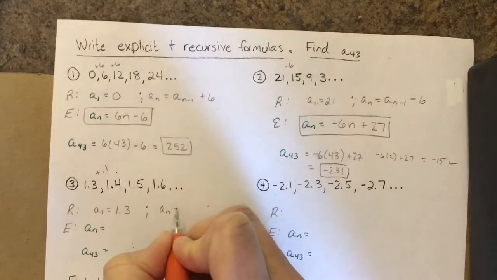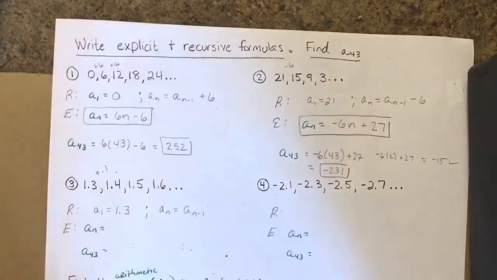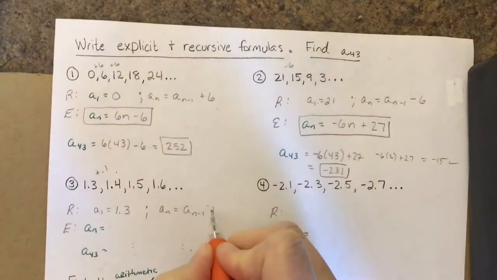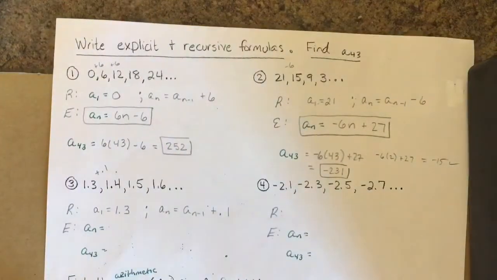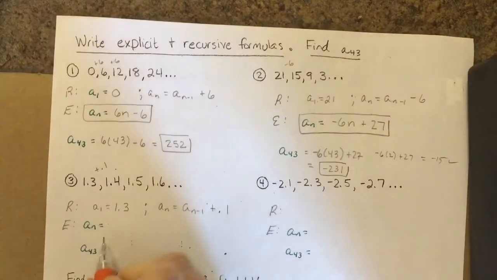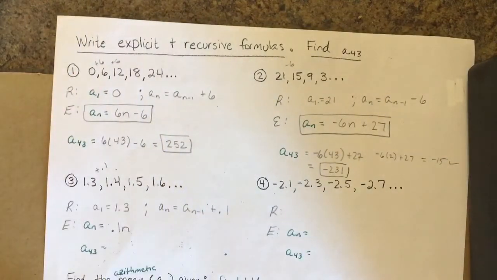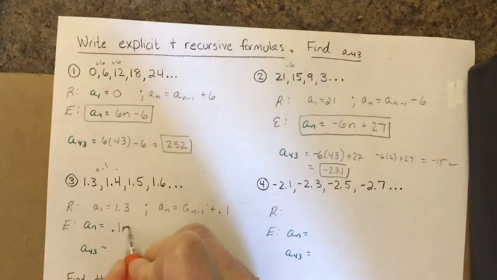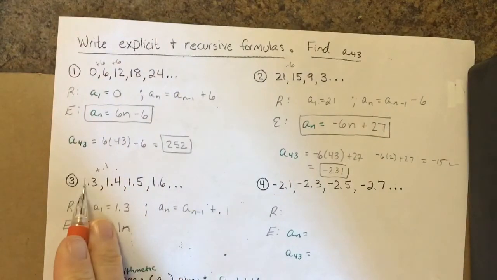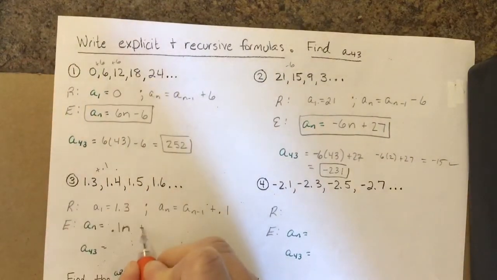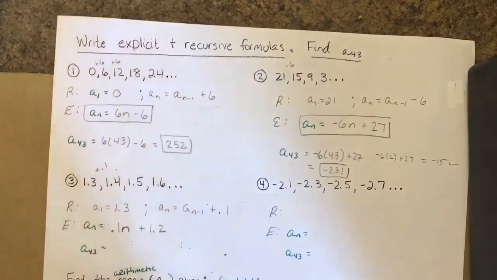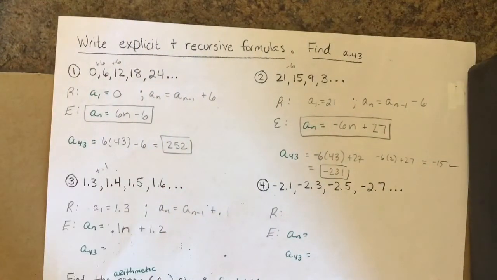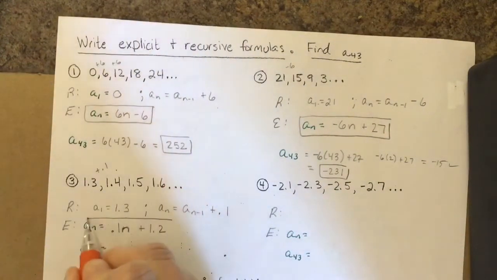Then a sub n equals a sub n minus 1, the previous term, plus the common difference, 0.1. Now the explicit formula, you take 0.1, multiply it by n, and then to get up to 1.3, you need to add 1.2. There we go.